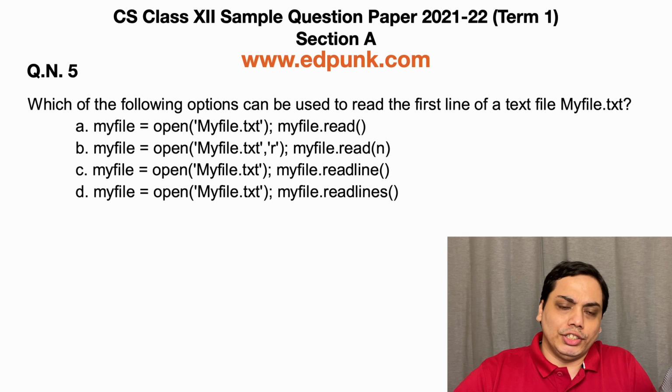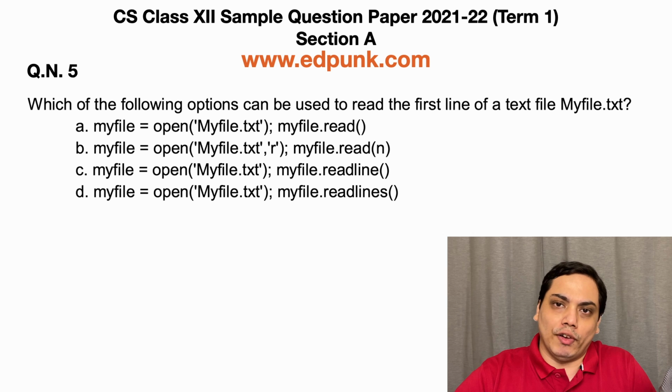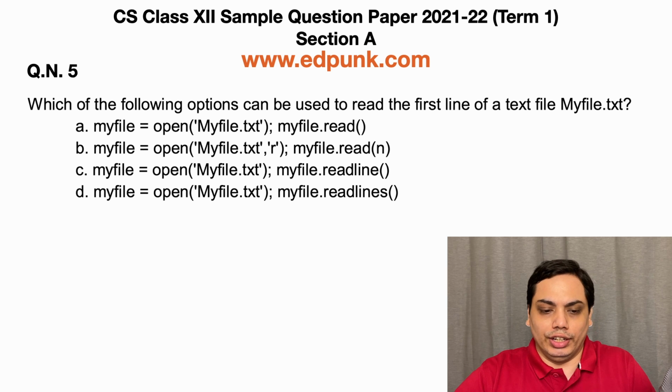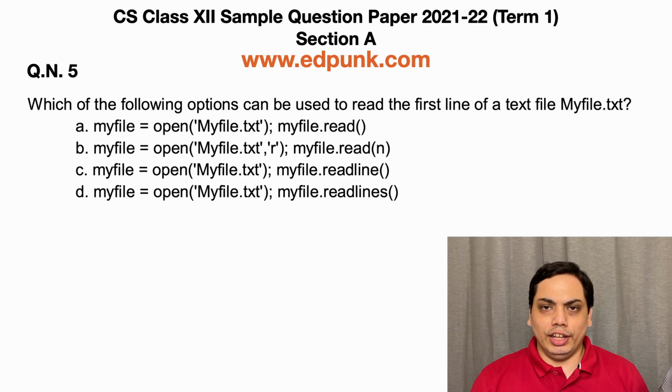Moving on to the next question. Which of the following options can be used to read the first line of the text file myfile.txt? Option A is myfile equal to open myfile.txt, myfile.read. Option B is myfile equal to open myfile.txt in read mode, then myfile.read(n).